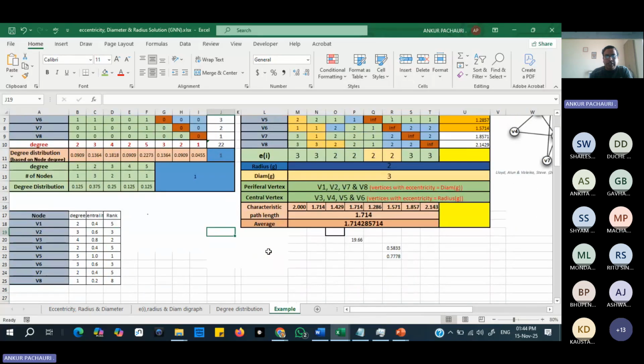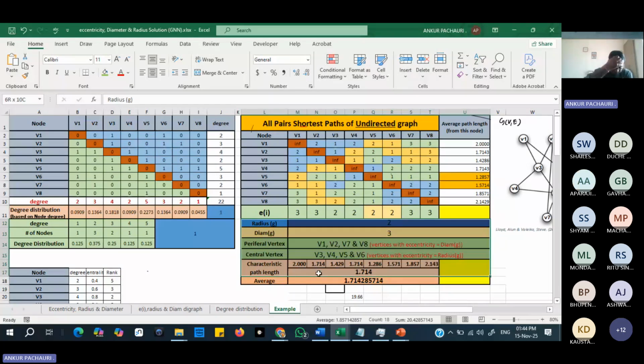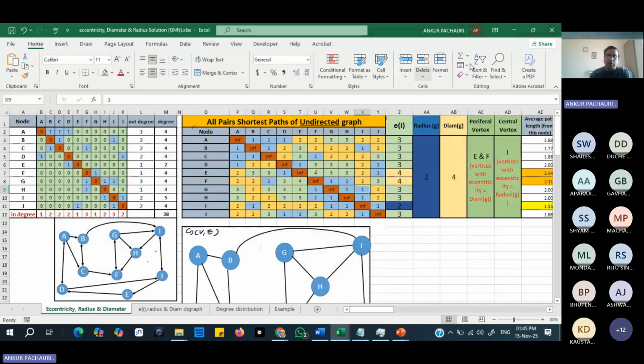But I have written it in the form of rows, which it should not be. It should be in the form of columns.